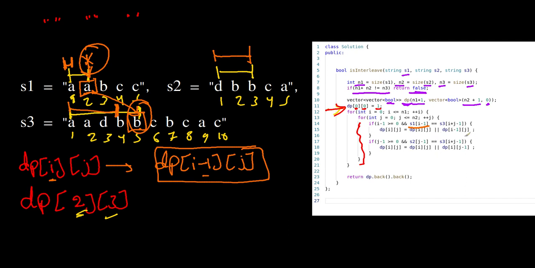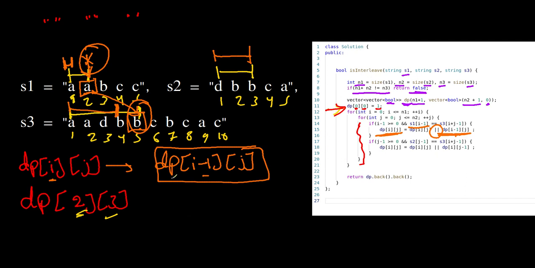If they are equal, then we take the answer from dp of i minus 1, j. If it's false, it will not affect the answer of dp of i, j. If it's true, we assign true to dp of i, j, and this is why we are doing an OR operation.